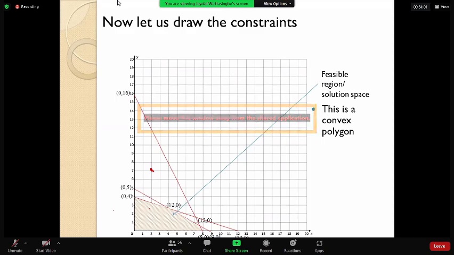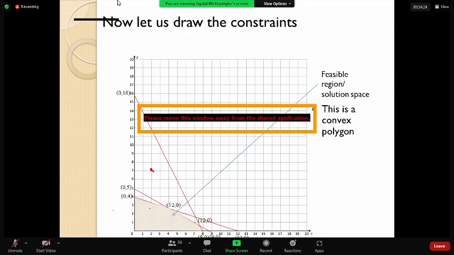Any other answers? Fifteen coordinates, sir. So how did you find that 15? x and y, 1, 2, 3, 4, 5, 6, 7.